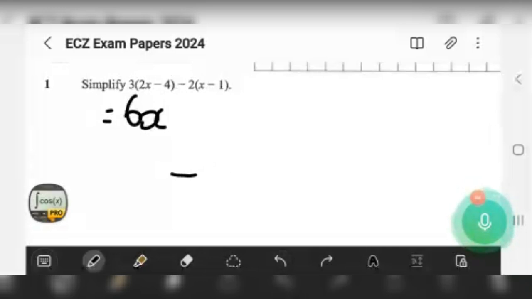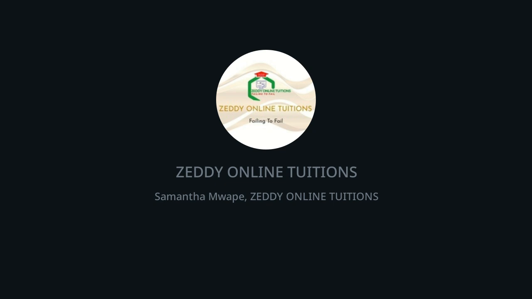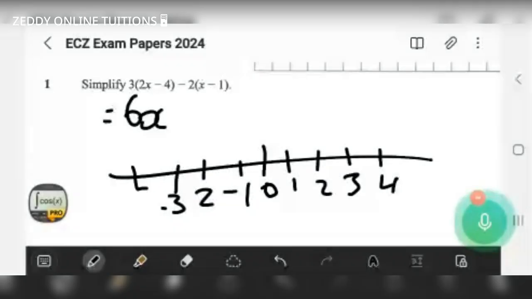Do you know the difference between 4 and negative 4? You know, in algebra we deal with integers. Let me show you the difference. Let me take you back to the number line: 1, 2, 3, and 4. Then we have negative 1, negative 2, negative 3, and negative 4.